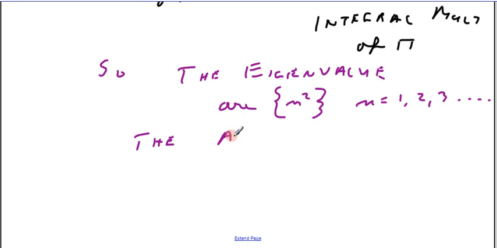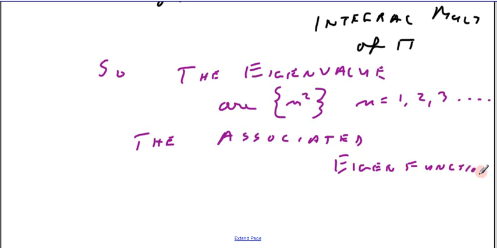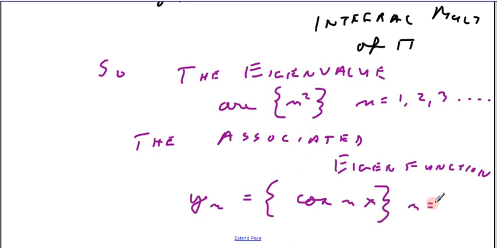And the associated eigenfunctions have to be y sub n equals cosine n x. And again, n is going to be 1, 2, 3. Those would be the associated eigenfunctions.